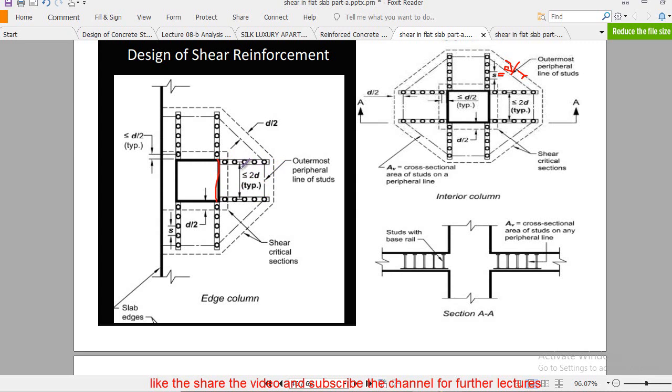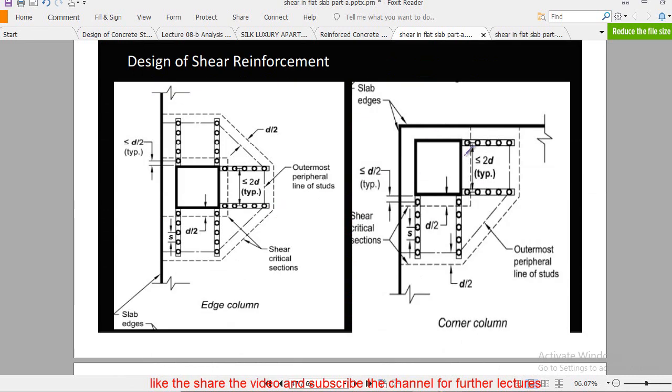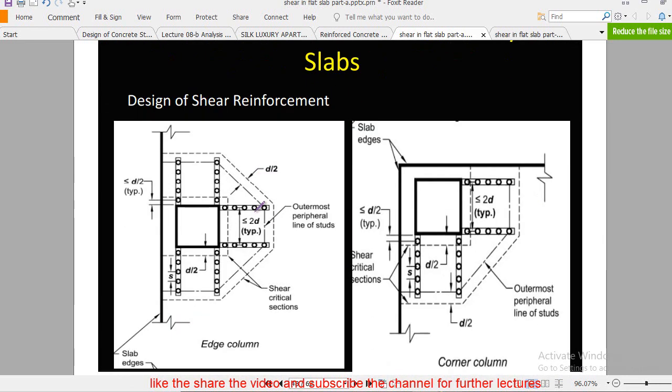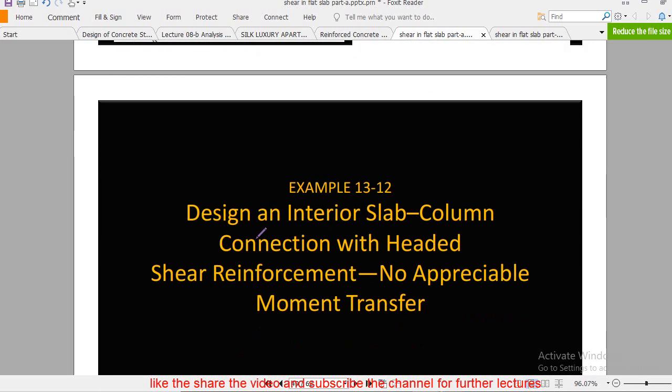You can't increase this beyond 2d. And similarly in the case of a corner column, same recommendations.